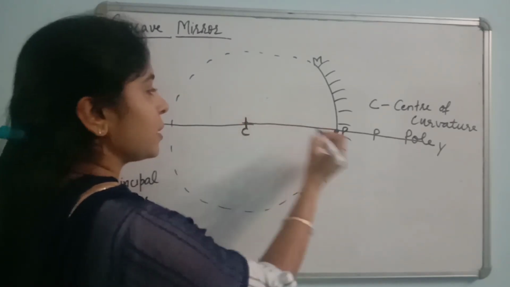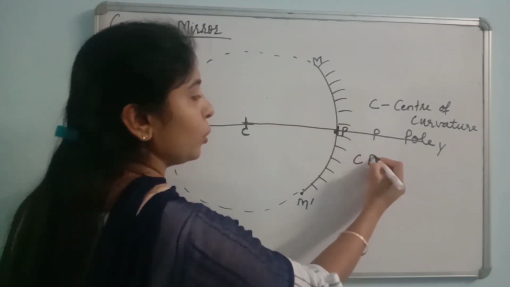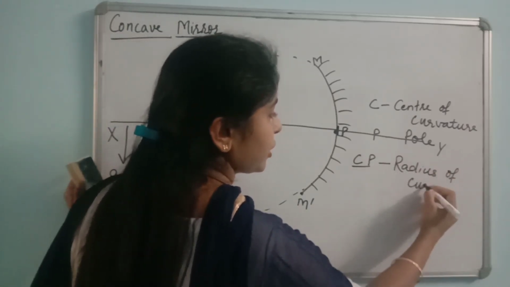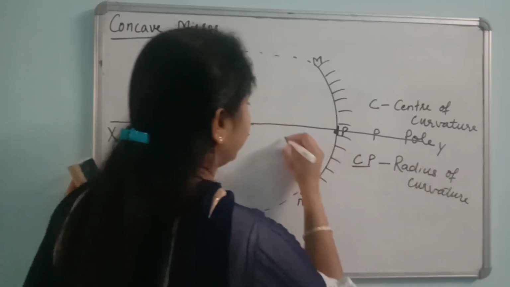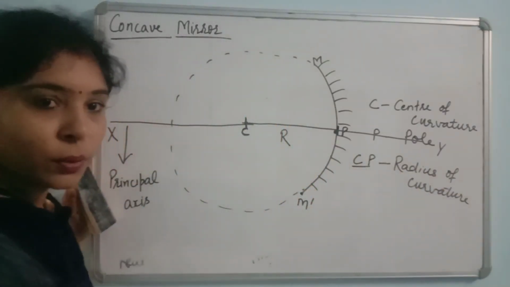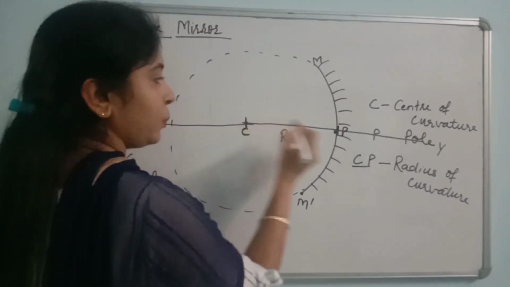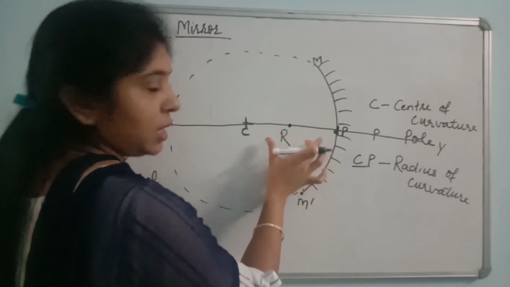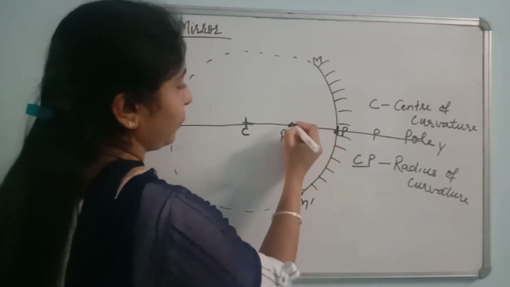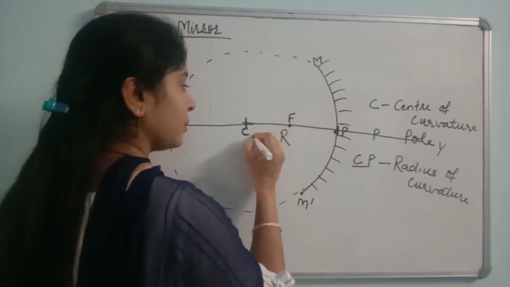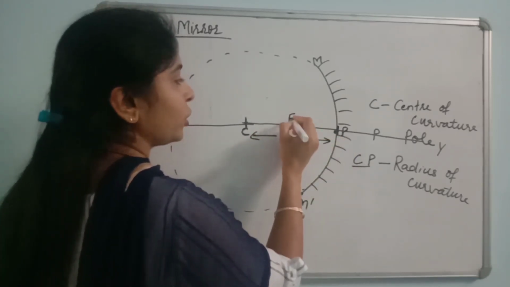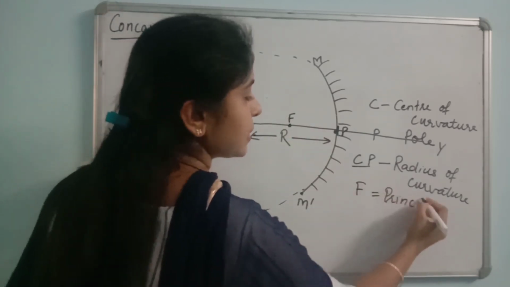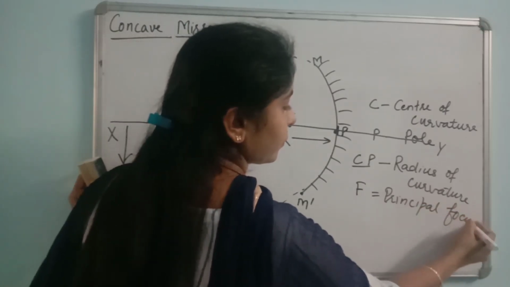The distance from this center to pole is called radius of curvature and denoted by R. The middle point between the center of curvature and pole is denoted by F, and this F is called principal focus.